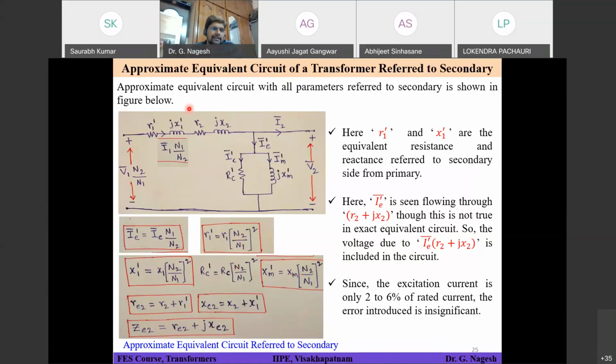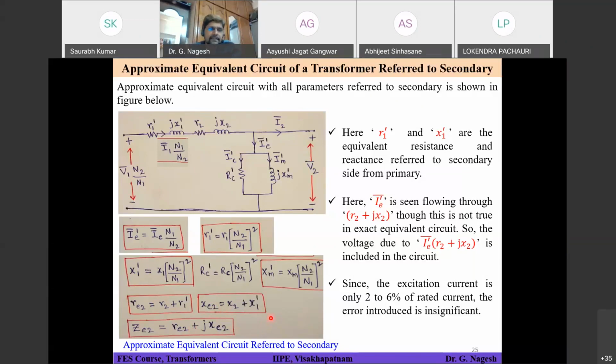Now the total equivalent resistance on the secondary is R2 plus R1 dash, right? The total equivalent reactance on the secondary, denoted as Xe2, is equal to X2 plus X1 dash, and Z is obviously R plus jX. Okay, so this is this one.